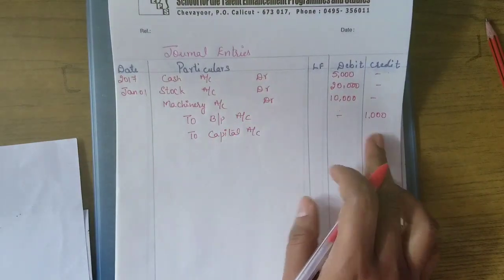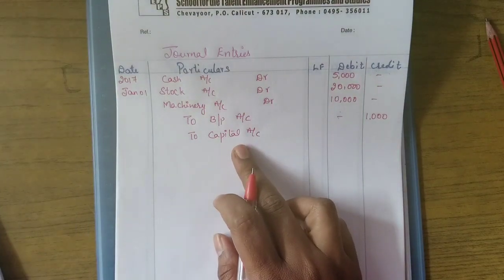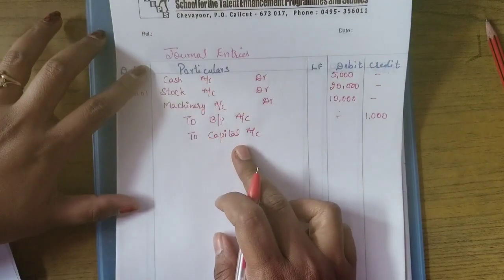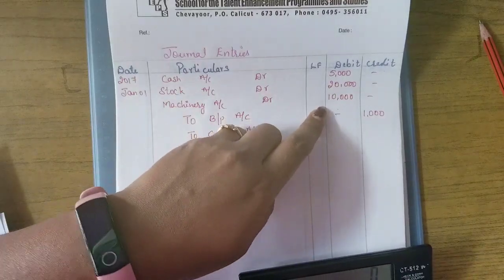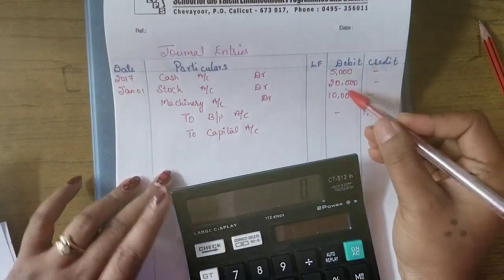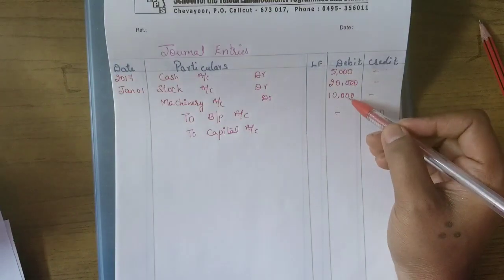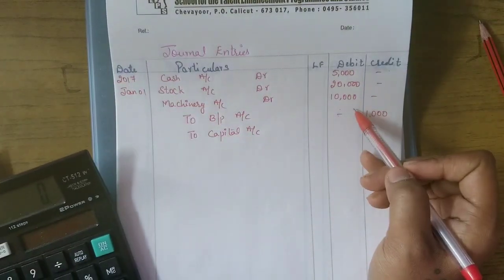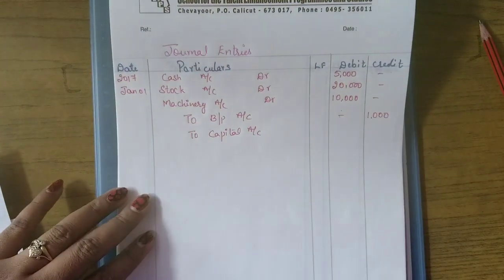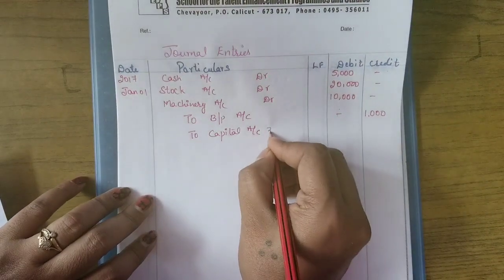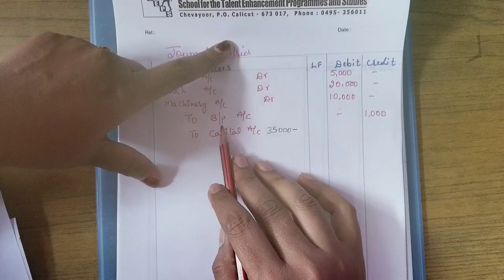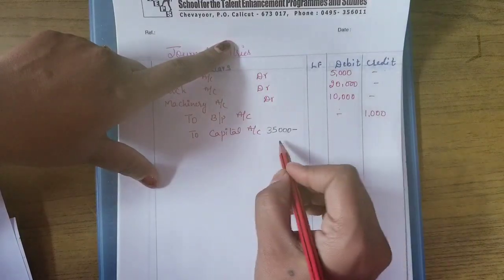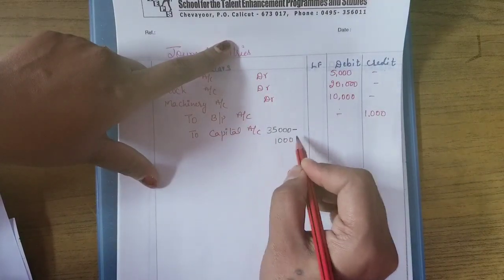Okay, now coming to the capital account. Now capital balance, how we used to calculate, we used to add all these assets whatever they have, is it right? Here 25,000 plus 10, 35,000, total it is 35,000. So total of capital is 35,000, but we are not showing as 35 because we have the bills payable 1,000 should be deducted.